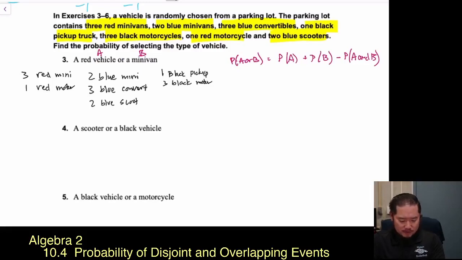If I have all my information laid out right here, it looks like we have a total of 15. So we have 15 total vehicles.